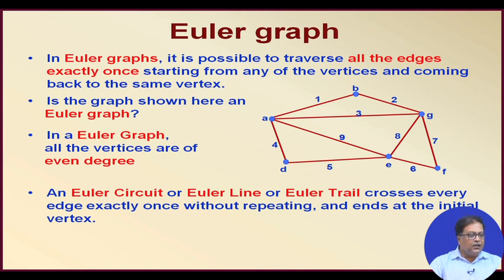So, what does it mean in that language? A walk is a set of vertices and edges where vertices and edges both can be repeated. A trail is a concept where vertices can be repeated, but edges cannot be repeated. And a path is a concept where neither vertex nor the edges can be repeated.